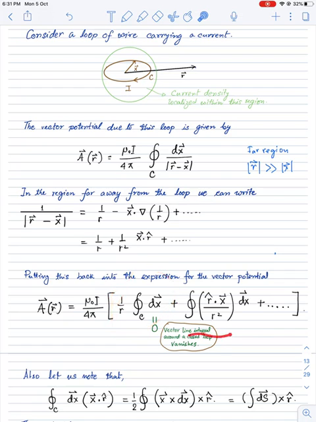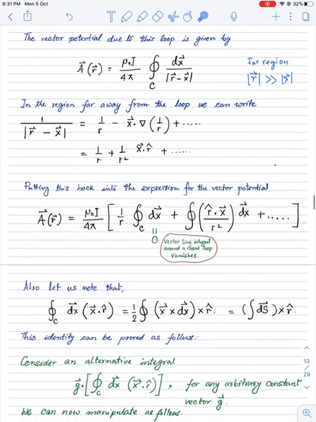So the first dominant term started from the next term in the multipole expansion, and it had a non-zero dipole moment. So at least for this current loop configuration, we see that the term analogous to total charge in magnetostatics is zero.